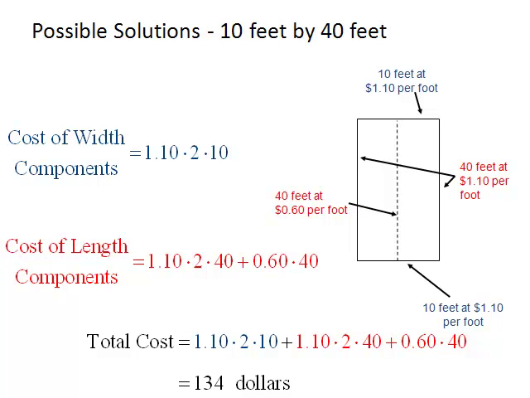Another possible solution is an enclosure that is 10 by 40 feet. Working out the cost of the width and the length components gives a total cost of $134. This is a lower cost than the previous enclosure, which is good, but we don't know if these dimensions minimize the costs. These two examples help us to establish the patterns in the objective function for this problem.